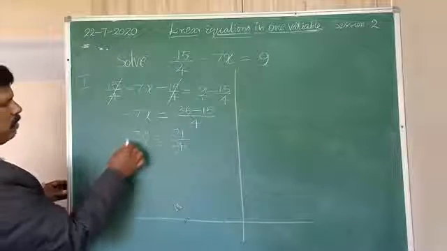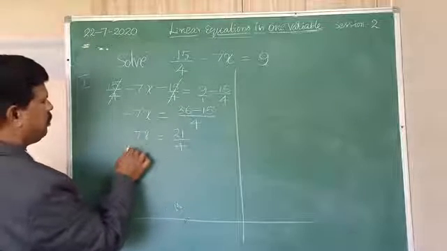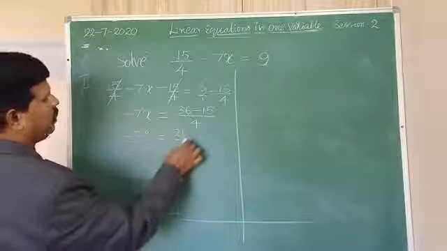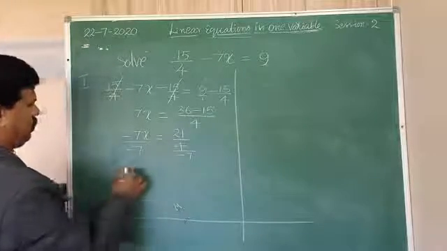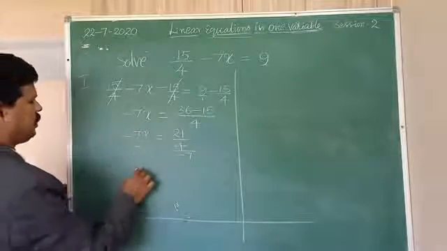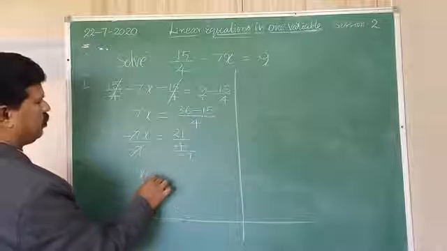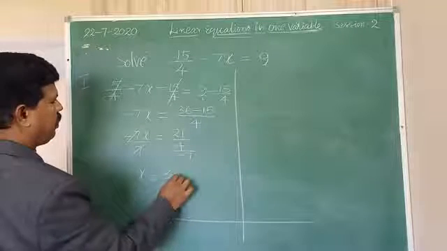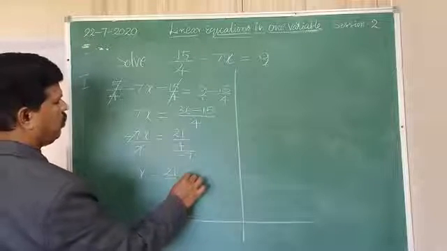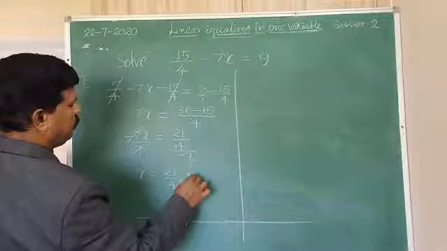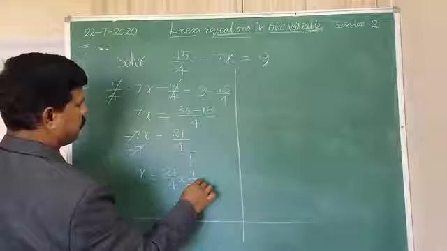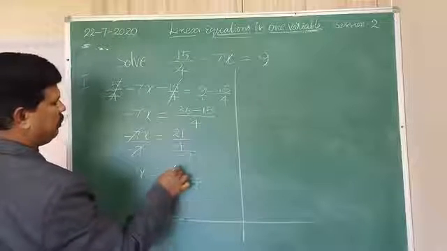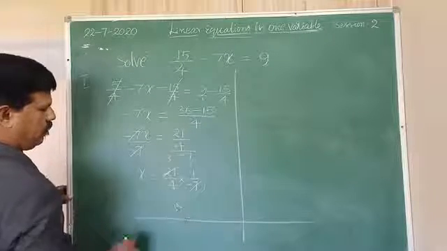Now, minus 7x equals 36 minus 15 is 21 by 4. Now, here is a minus 7, so divide by minus 7. Here also, the whole divided by minus 7. So, minus 7 gets cancelled. So, x is equal to 21 by 4 into 1 divided by minus 7. 7 ones are 7, 7 threes are 21.